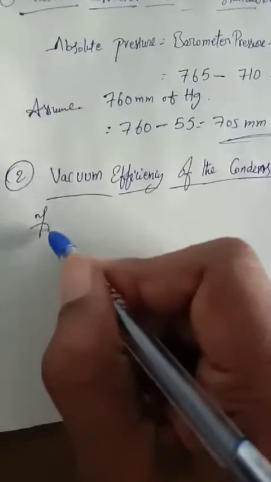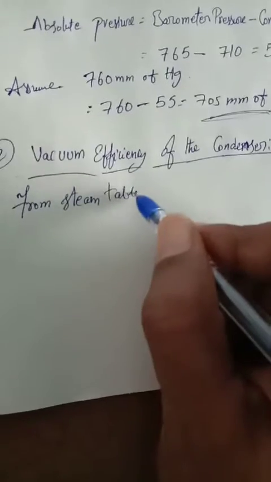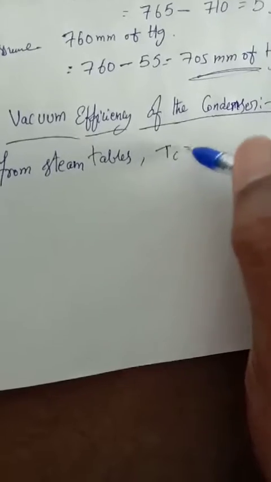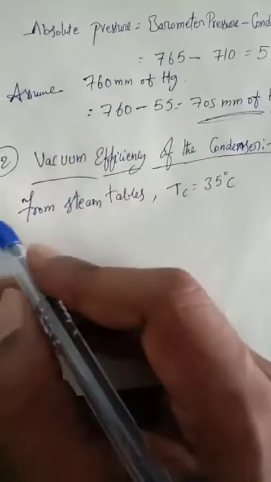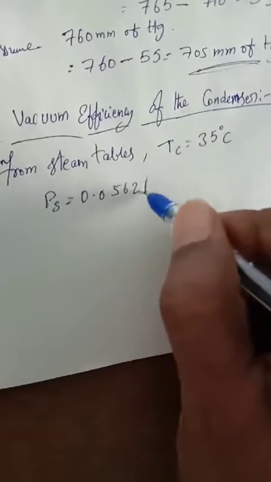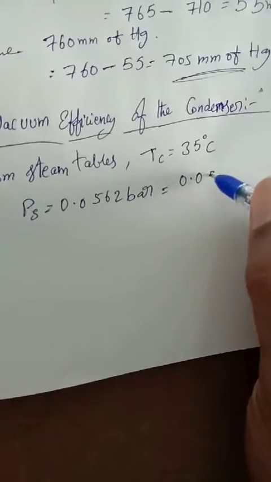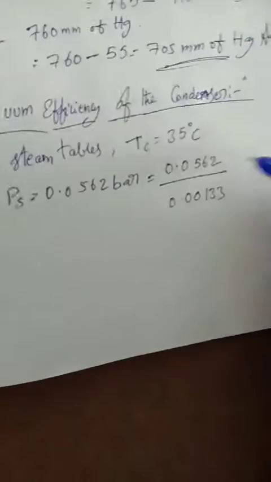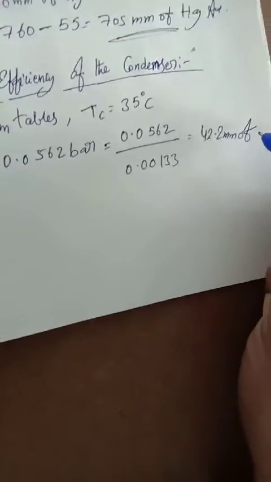So from steam tables, corresponding to the mean condenser temperature Tc is equal to 35 degrees Celsius, the ideal pressure of steam Ps is equal to 0.0562 bar from steam tables. So that is equal to 0.0562 divided by 0.00133, which is 42.2 mm of Hg.